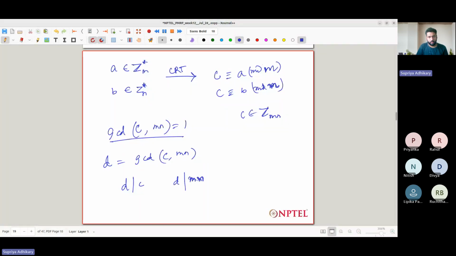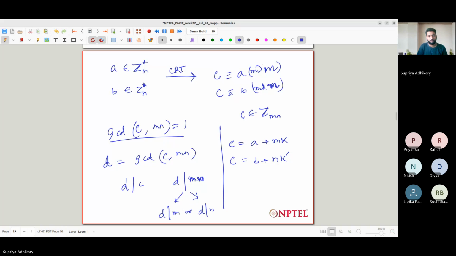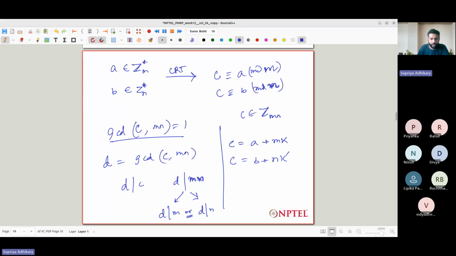Now, if these are true, then we can write C as A plus some Mk, and B plus some Nk'. Now M and N are co-prime, so D divides Mn implies either D divides M or D divides N, not both of these. Okay, so let us consider without loss of generality that D divides M.